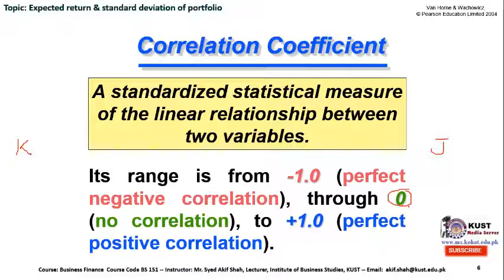In other words, if there is an increase in stock J's price, then we cannot infer that there will be an increase or a decrease in the other stock price. It cannot be inferred if there is zero correlation, because these two variables are not correlated with each other at all.